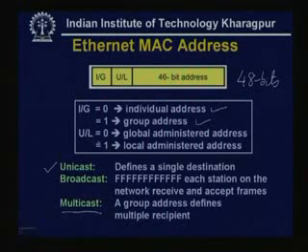And there is another bit, U versus L, which gives you a global or universal address, or it can be a locally administered address. So when it is 1, it corresponds to L, when it is 0, it corresponds to U. We see that whenever broadcasting has to be done, all the bits are to be 1.